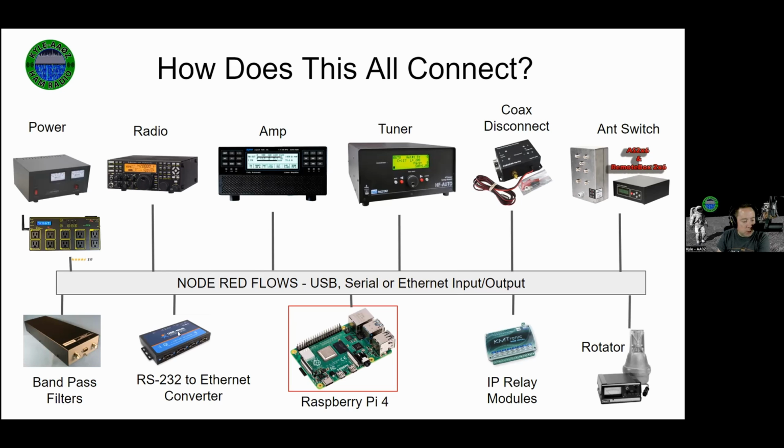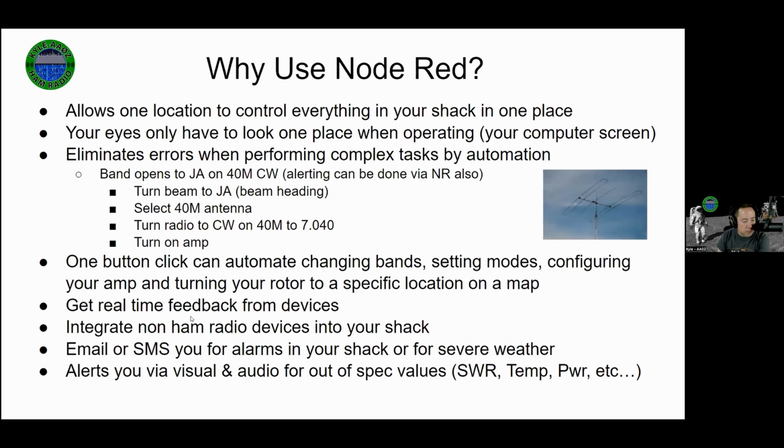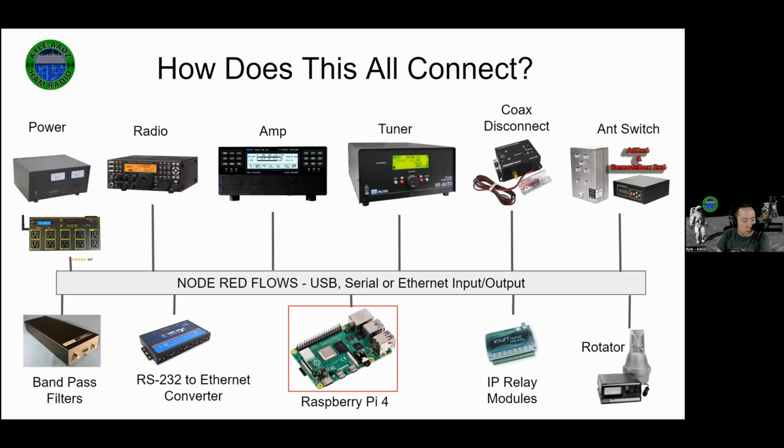This USR-N540 is a really good RS-232 to Ethernet converter if you want one of those. And some bandpass filters. All of this stuff is controllable by Node-RED through USB, serial, Ethernet, input, output, and it all communicates to a Raspberry Pi.